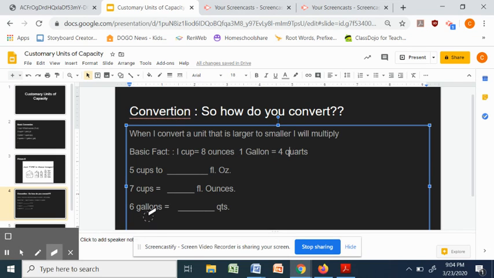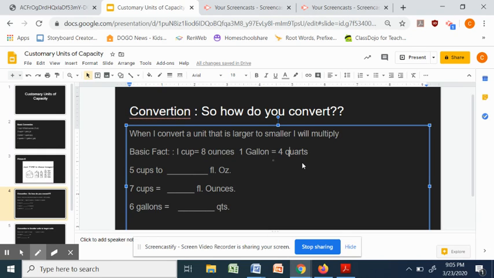All right, so let's try the last one. I know you're ahead of the game, but I just wanted to make sure. A gallon is a larger unit of capacity compared to quarts. So since I'm converting from a larger unit of capacity to a smaller unit of capacity, I'm going to multiply.